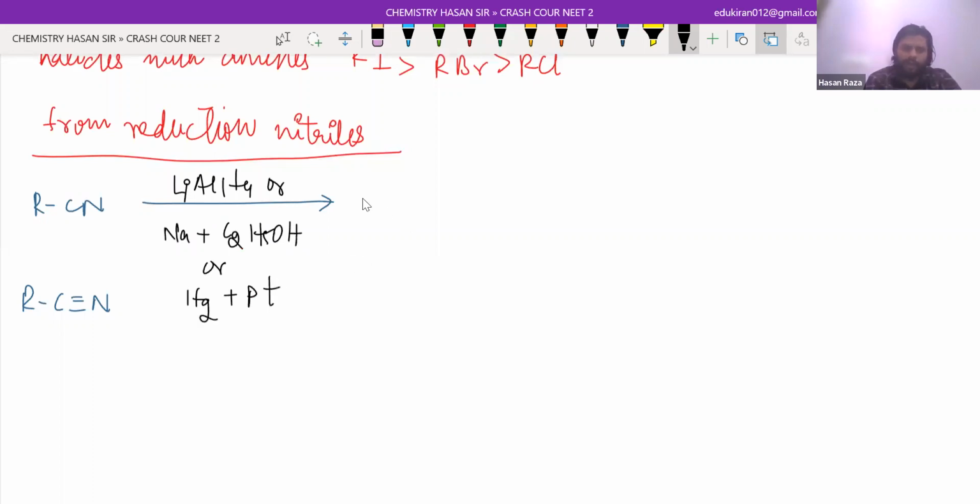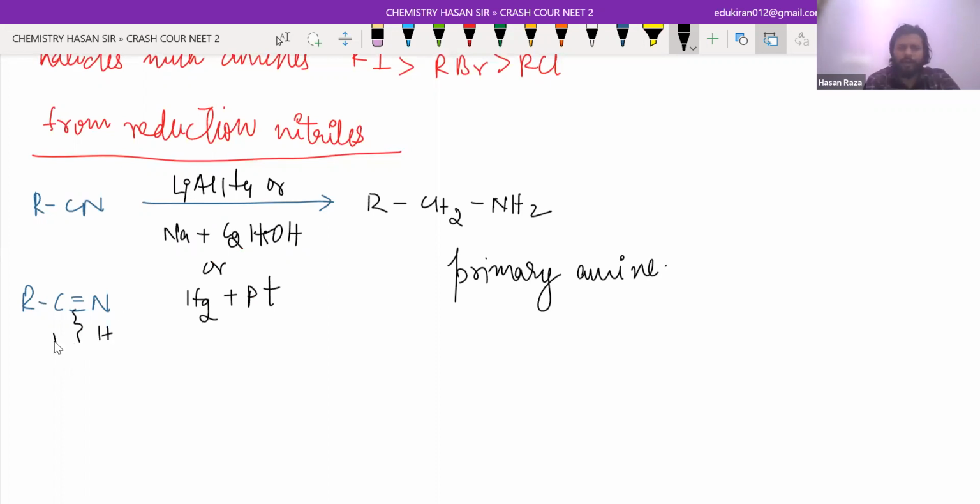So this will be directly reduced to RCH2NH2, primary amine. It's very simple. You are just going to break this bond. Hydrogen will be added here, hydrogen will be added here, another bond, hydrogen will be added here. In this way, you can easily do this.